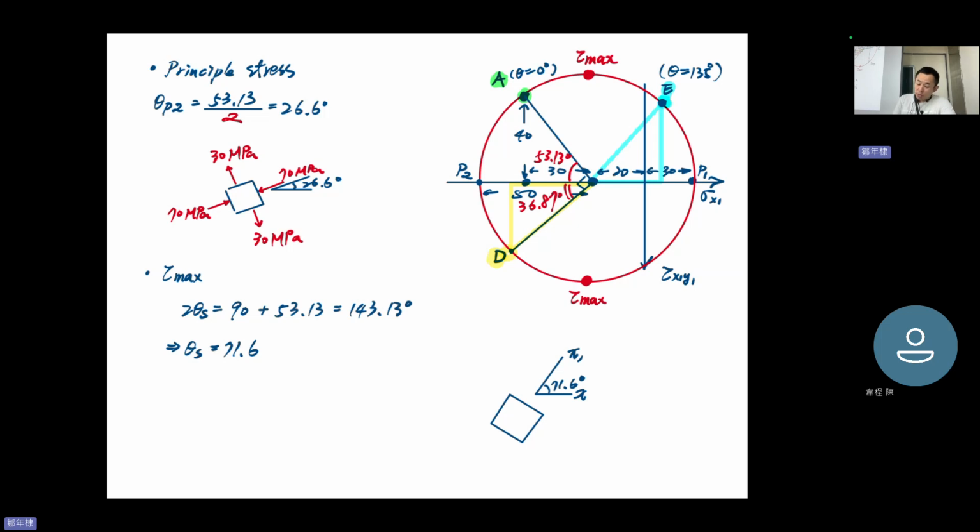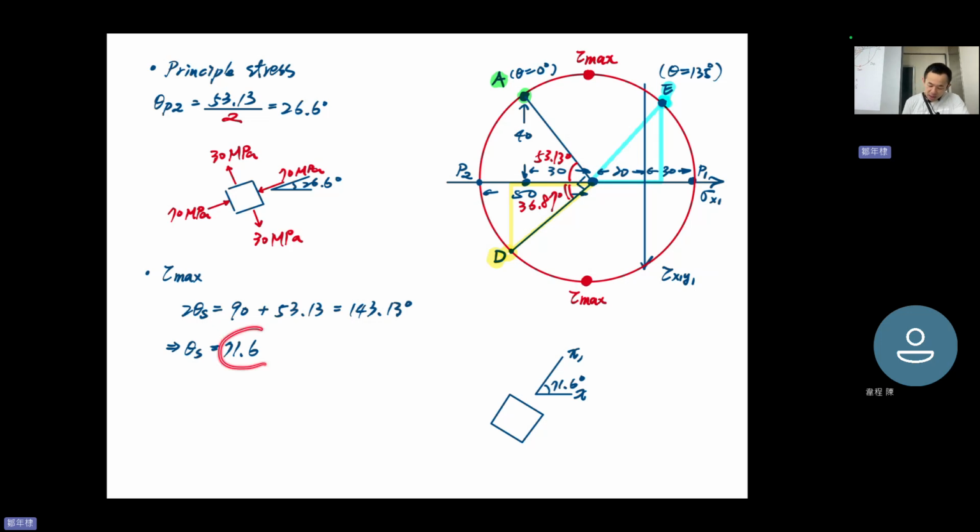So you can see that from here, theta equal to 0, and you rotate 2 theta as 143.13. So it should be around here, 90, and it's 53.13 degrees.